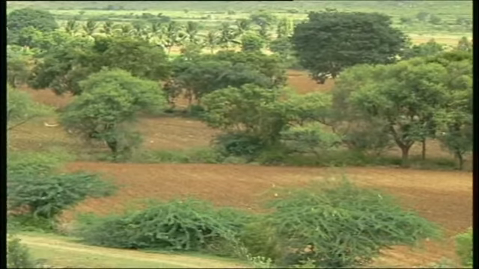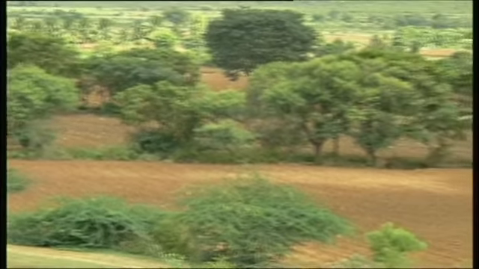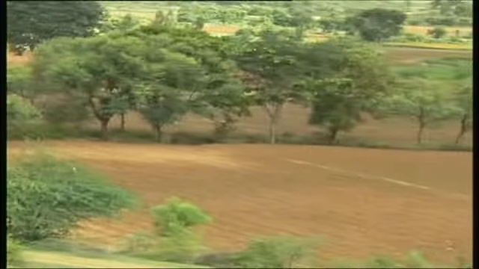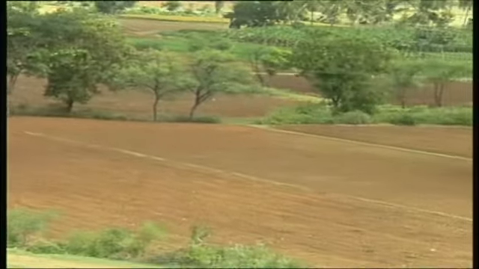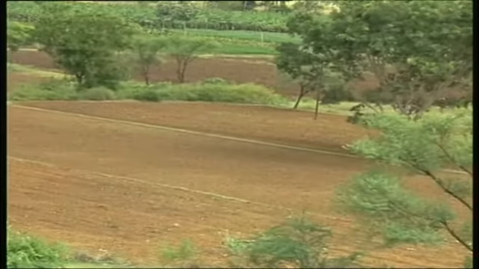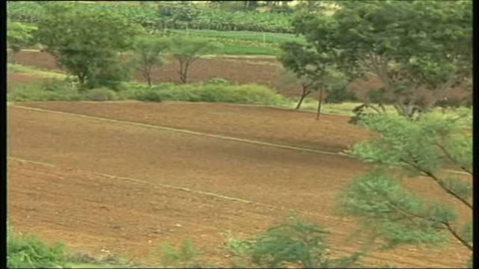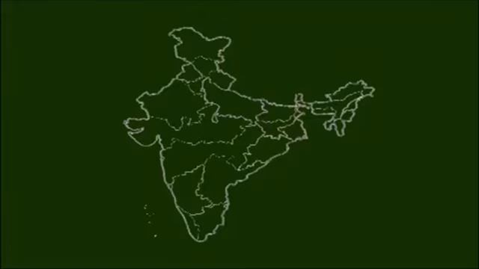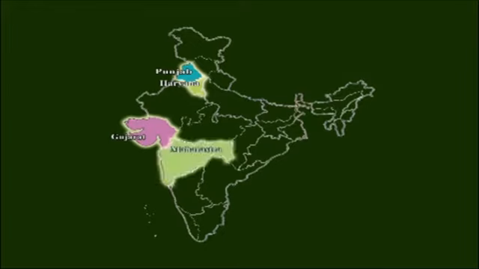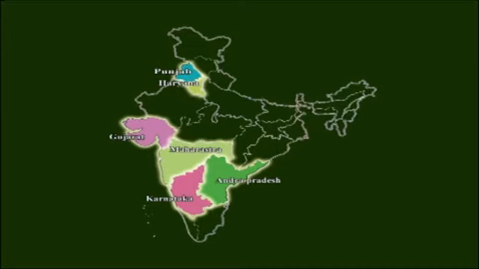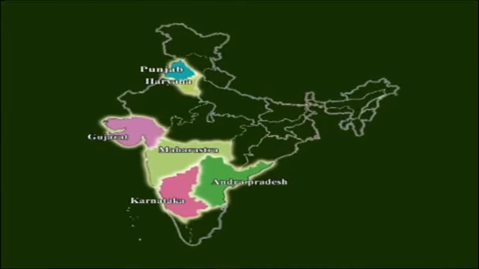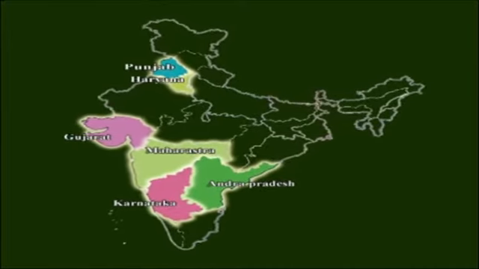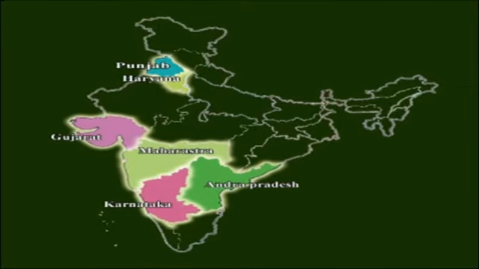In many states of India, a substantial share of land continues to be in the hands of large landowners having more than 5 hectares of land. States that are particularly noteworthy in this context are Punjab, Haryana, Gujarat, Maharashtra, Karnataka and Andhra Pradesh. Clearly, a substantial potential for land redistribution exists in these states.